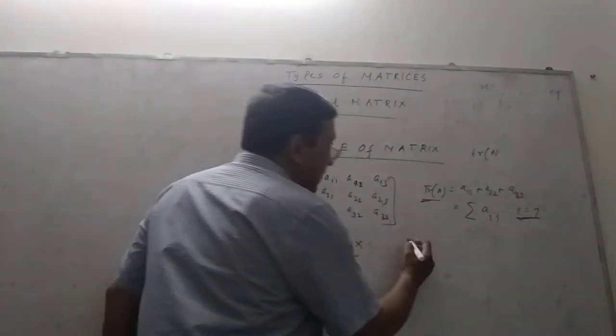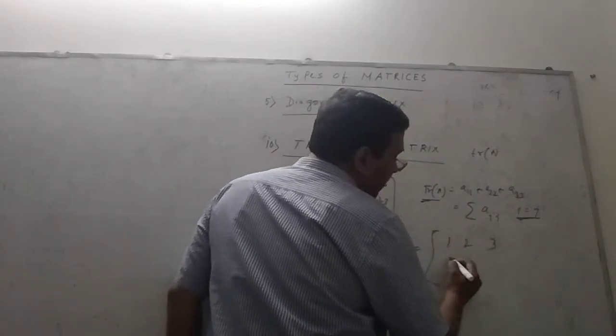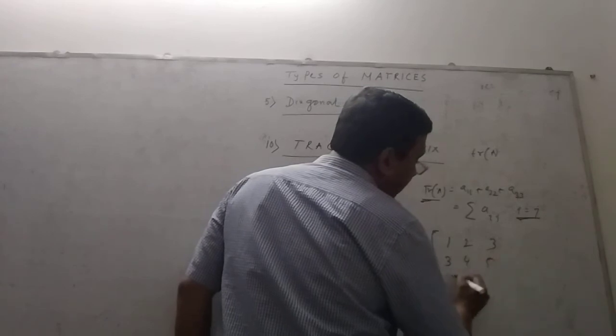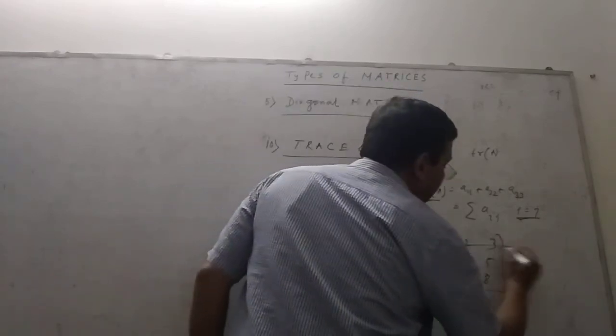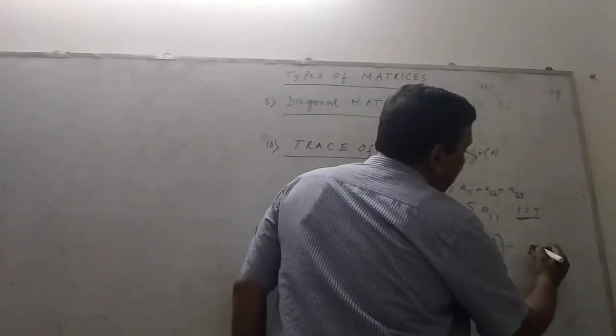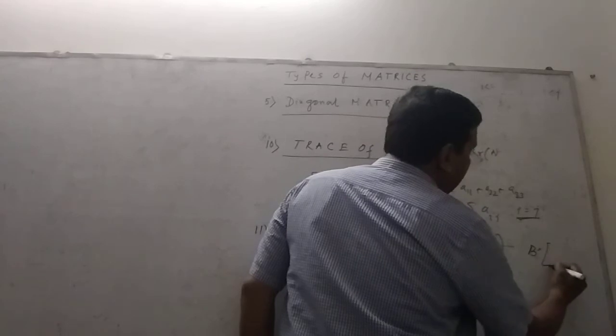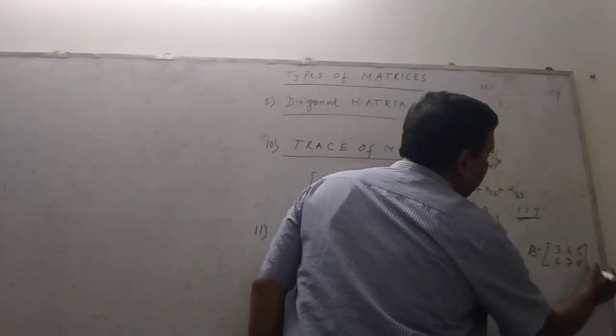For example, if the matrix is 1, 2, 3; 3, 4, 5; 6, 7, 8, then if I delete this one, I get this rectangular matrix. So this is a submatrix which we get from the given matrix.